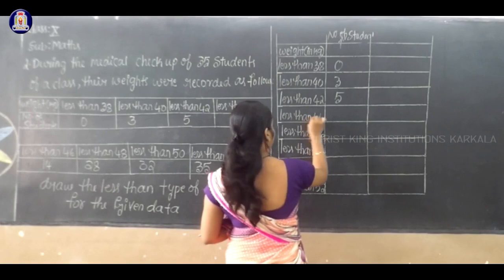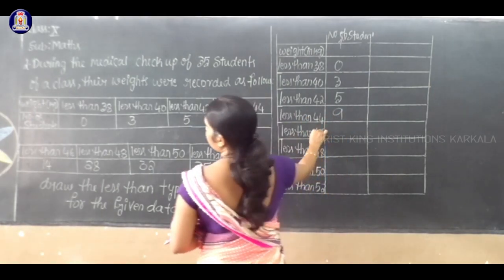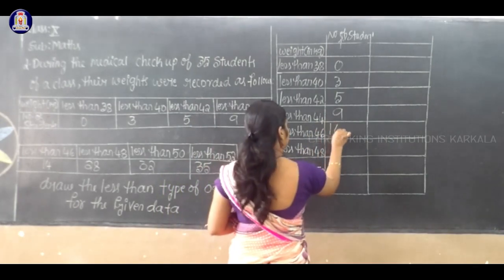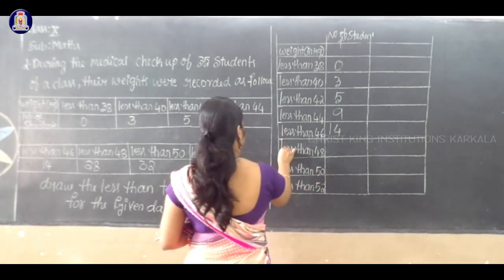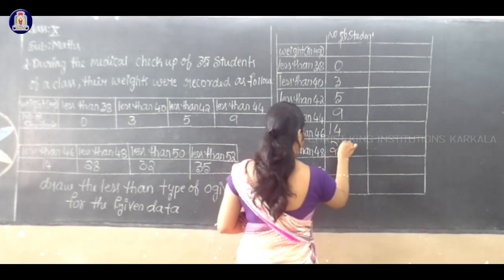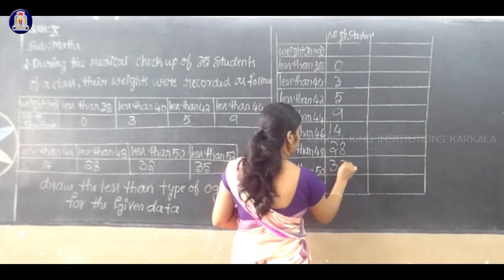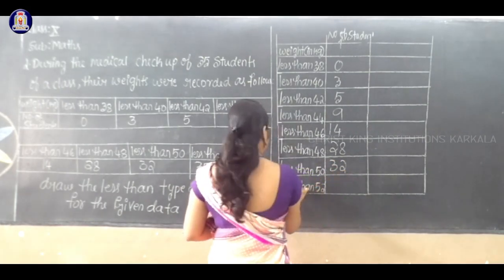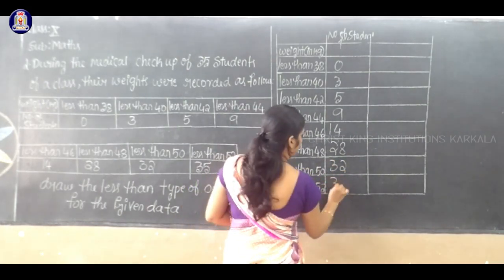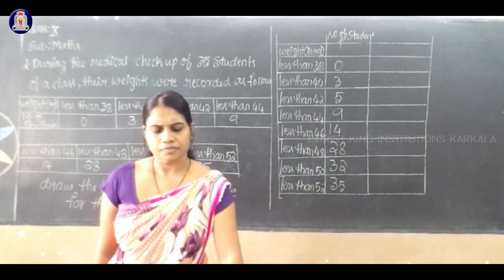Less than 44? 9. Less than 46? 14. Less than 48? 28. Less than 50? 30. And less than 52, students 35.